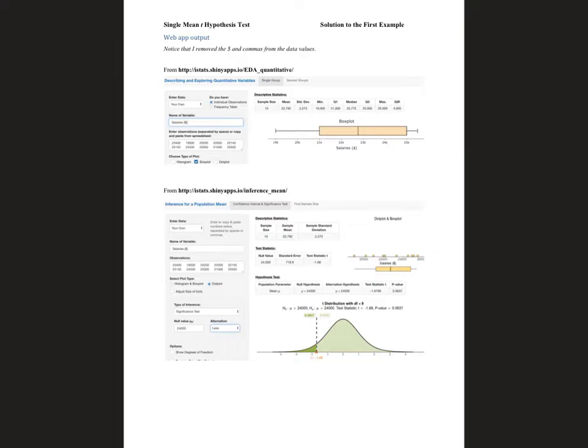One thing that's not obvious is, don't forget that when you're entering numbers, they have to be numbers. So in the original problem, the numbers had commas in them, there were dollar signs involved. You have to take all that stuff out to just have numbers only. So this is what the two web apps that I referenced would look like if you set them up for this problem.